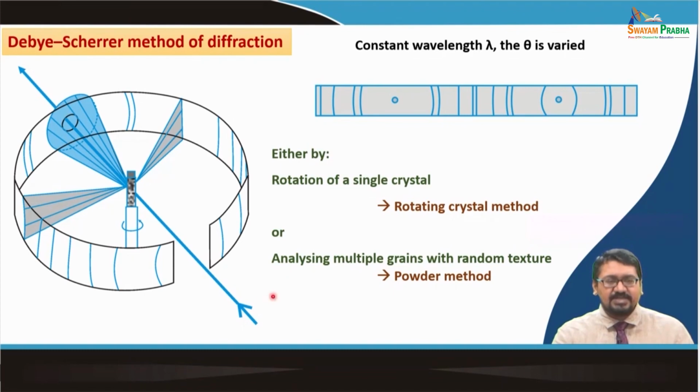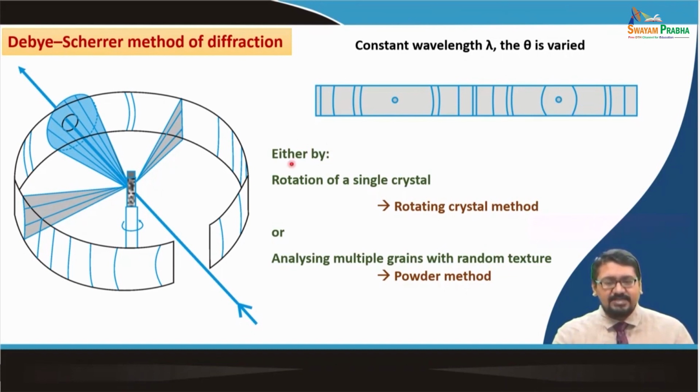Here is the schematic of the construction of this kind of experiment, where a small sample, maybe a single crystal or a powdered polycrystal, is placed at the center, and it is surrounded by a detector, a phosphor screen which is rounded to capture the intensities observed at various Bragg angles.